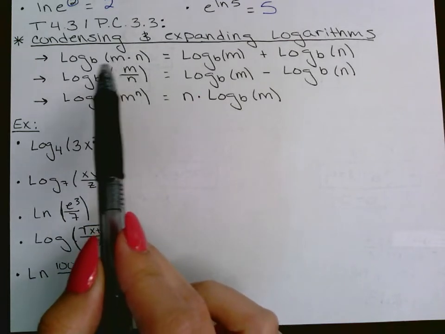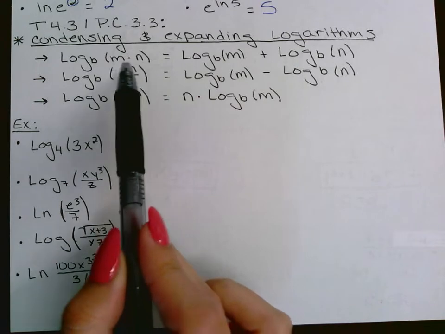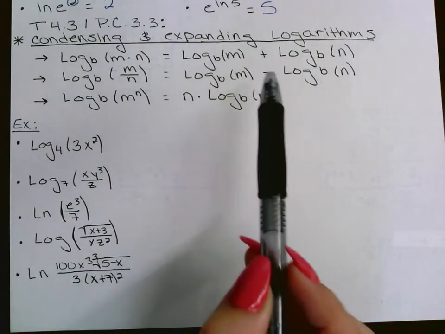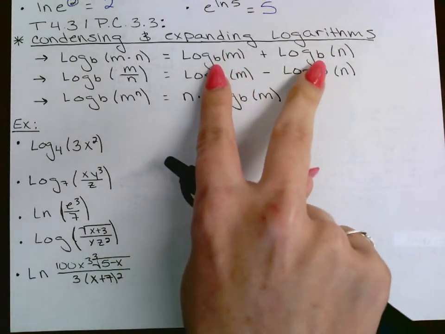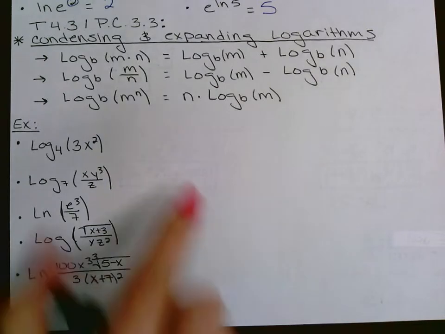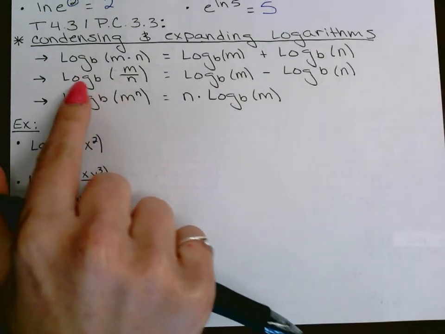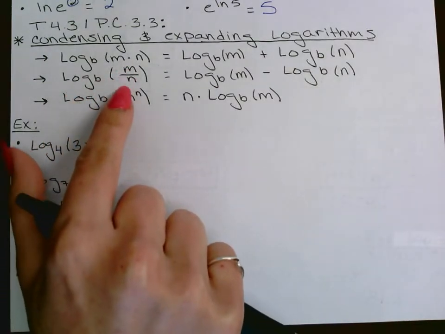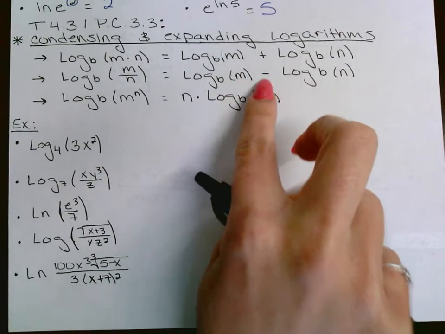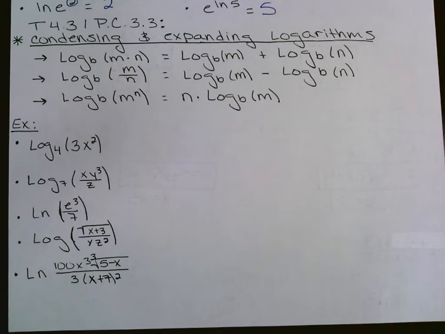So the first rule says that a single logarithm of two things being multiplied can be split into two separate logarithms, assuming you keep the same base and you add them. The same thing goes for division. If I have a single logarithm of two things being divided, I keep the same base, and now I can write it as two separate logarithms being subtracted.